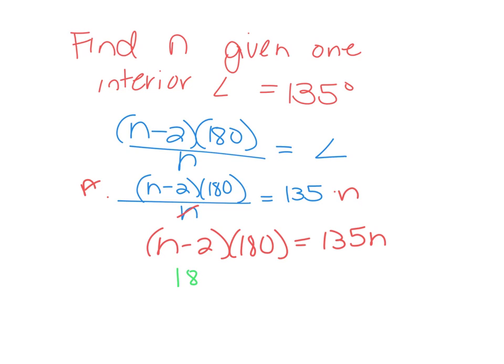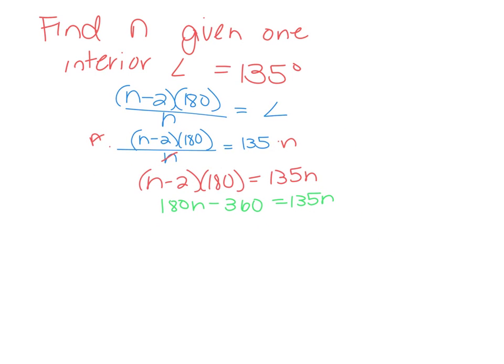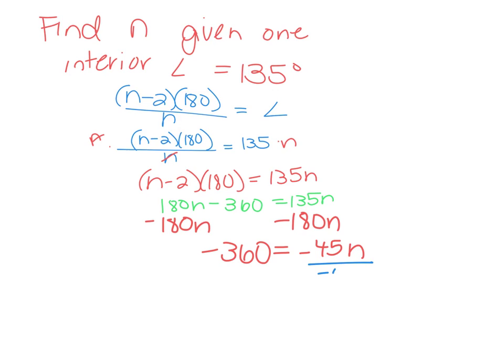So I get 180n minus 360 equals 135n. Then I want to get both n terms on the same side, so I subtract 180n. And then I want to get n by itself, so divide by negative 45.